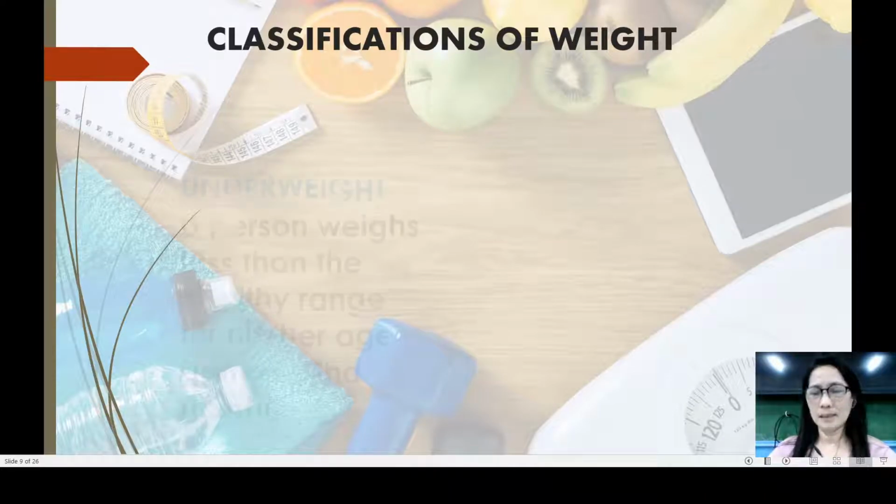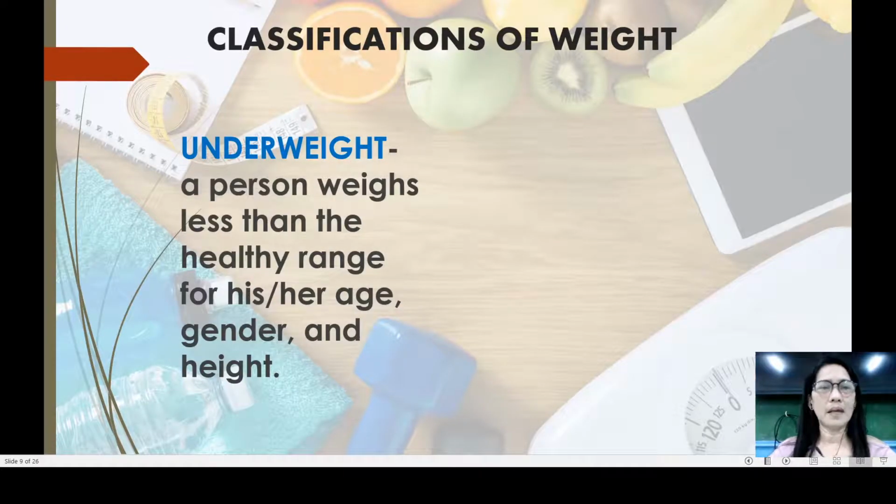What is underweight? Underweight is a person's weight less than the healthy range for his or her gender, age, and height. So, dapat, kung underweight kayo, kailangan yung mag-gain ng weight to reach the healthy range or the normal range para maging normal weight kayo.